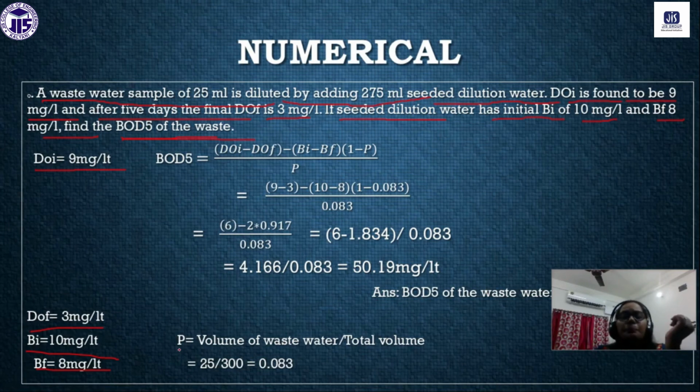One more thing, the p value. We should know the p value, otherwise we cannot solve the problem of the BOD5. So the p value is the volume of wastewater divided by total volume. Whatever we have taken, that is 25 ml of wastewater, 25 divided by total volume.